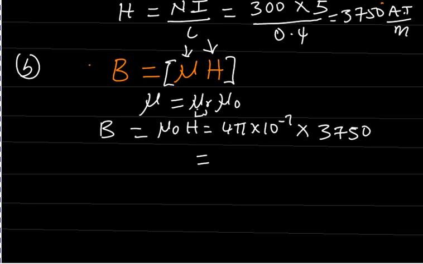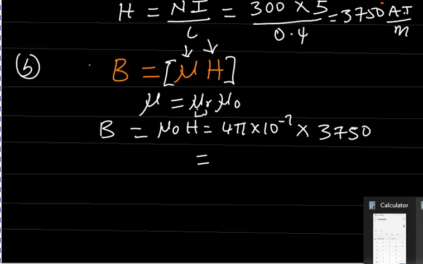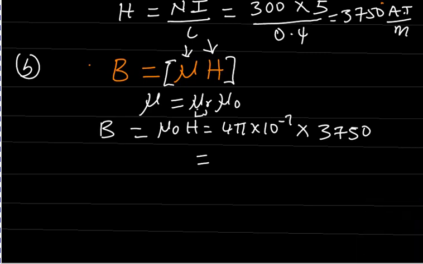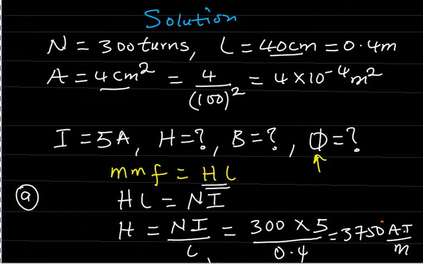So divided by 10,000,000. So that's 0.00471. Or put it in standard form, 4.7 times 10 raised to the power of minus 3, and it is measured in Tesla. All right, so I hope that is well understood.